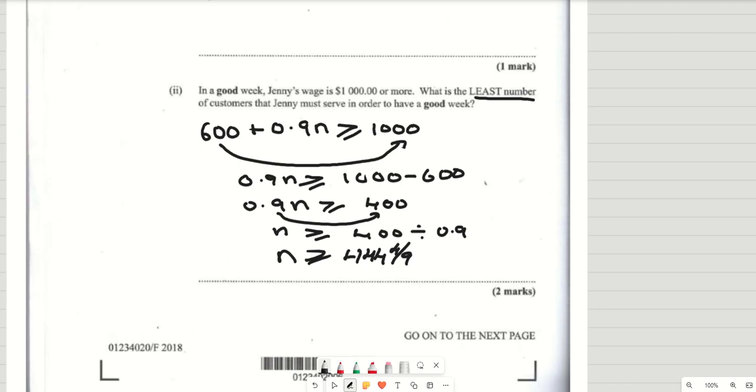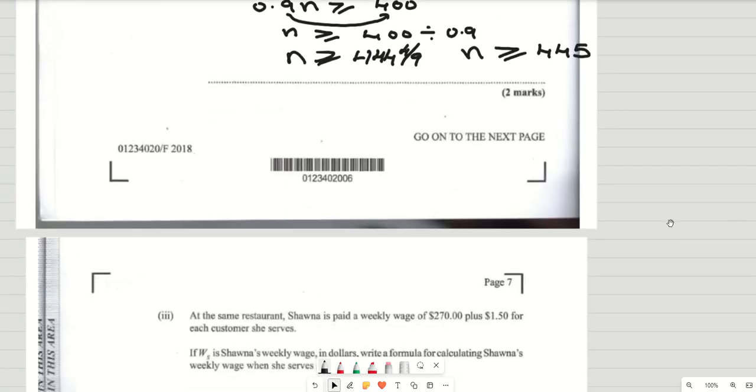So therefore, n would be more than or equal to 445, and that would be the answer for this question. What is the least number of customers that Jenny must serve in order to have a good week? She must at least serve 445 customers. Right, let's look at the next question.